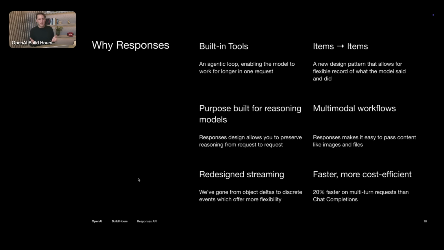And then the last point is that because we are able to rehydrate context from request to request, we actually see that at P50, these long multi-turn rollouts with the Responses API, where the model is calling multiple functions and then eventually giving you a final answer, are actually 20% faster. And also they're less expensive because the model just has to emit fewer tokens. Why is that? In the Responses API, the model will plan once and then call a function, and then you'll respond.